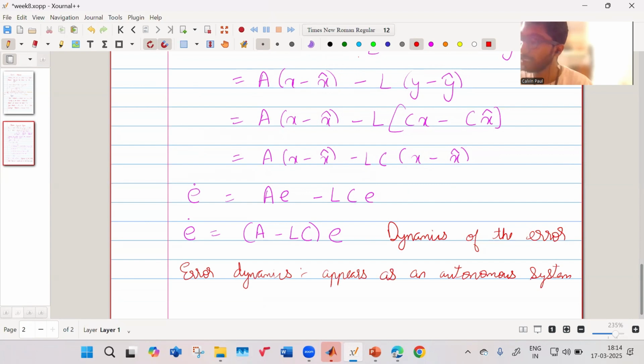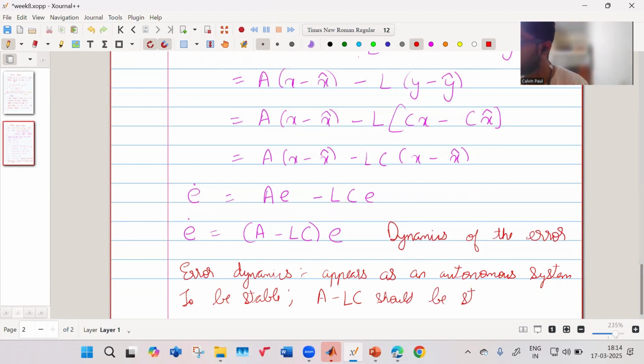So if you want this system to be stable, this matrix A minus LC should be stable. And if it has to be stable, what is required?